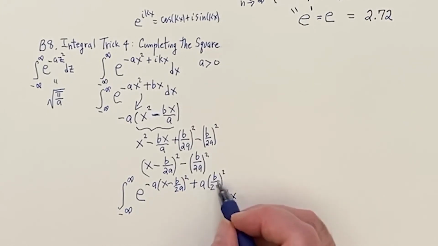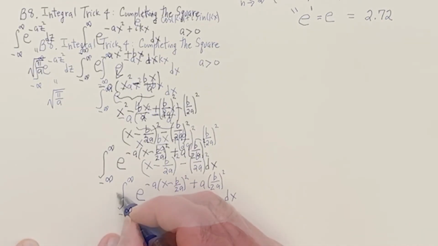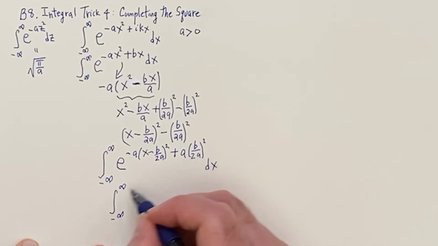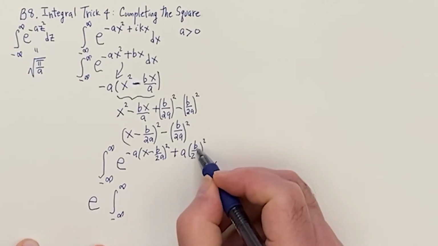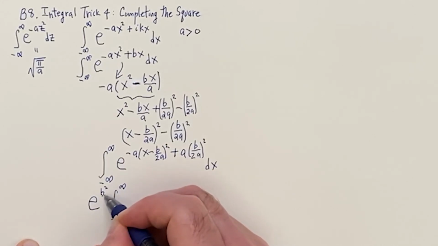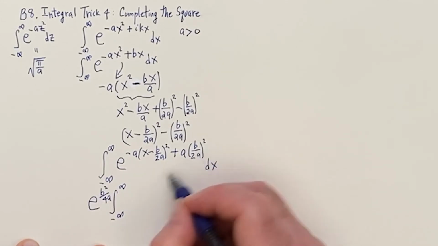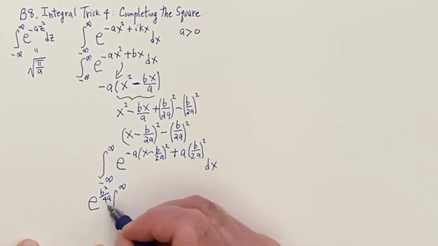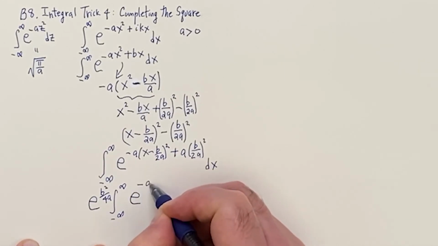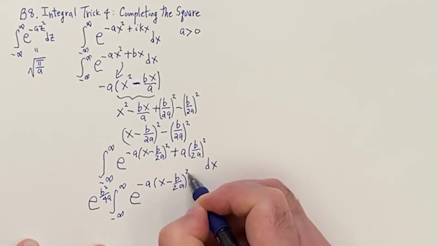So this part is a constant. So we can write this as minus infinity to plus infinity. We can pull this constant out. This is going to be e to the a b squared over 4a squared. One a will cancel, so that's b squared over 4a. Say b squared, the 4 is there, a squared, but a over a squared is going to be 1 over a. And then this is e to the minus a times x minus b over 2a squared dx.